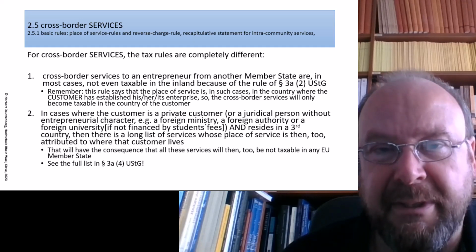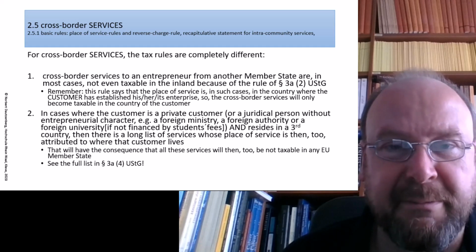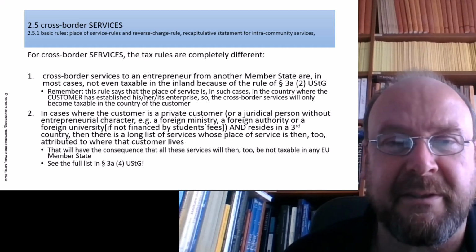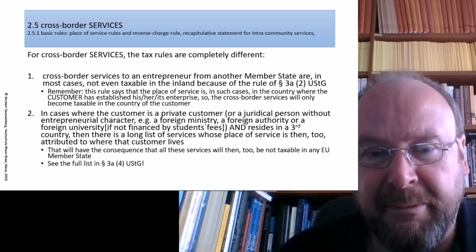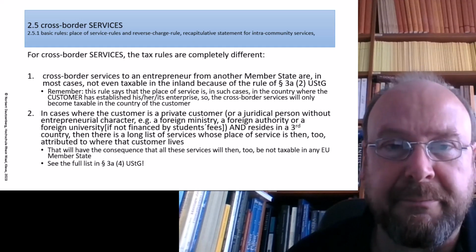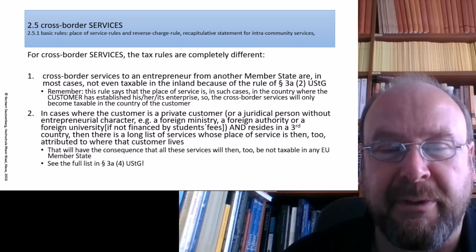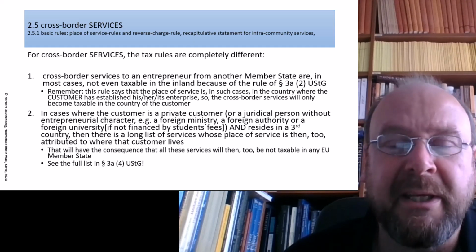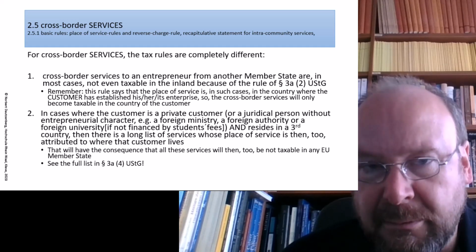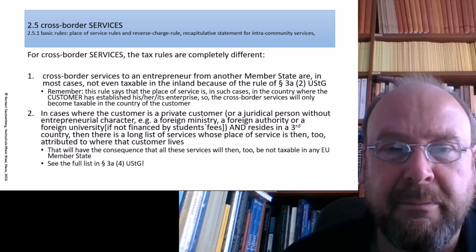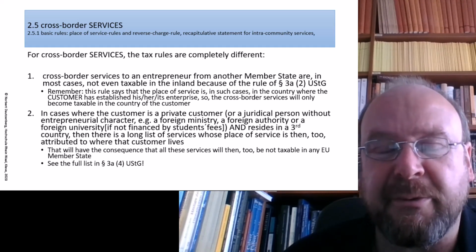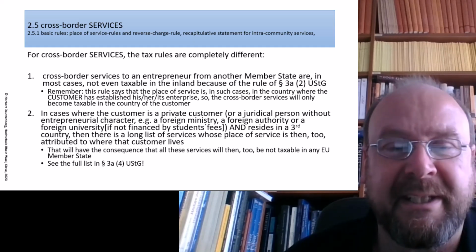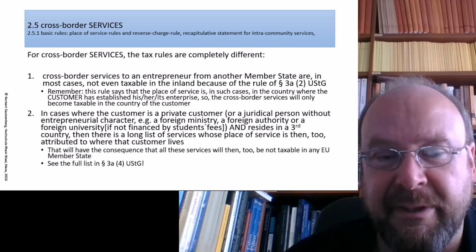That also applies, by the way, in cases where we don't have a customer from the EU. However, the technical details are a bit different there. In cases where the customer is a private customer, we have a special rule when the private customer resides in a non-EU country, so in a third territory, and when you render a service which is on a list in paragraph 3A4, the so-called catalog services, because they are listed in a catalog of services in 3A4.